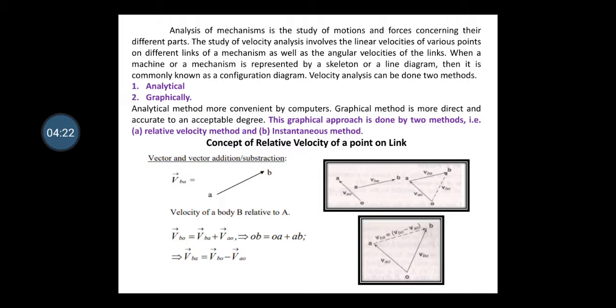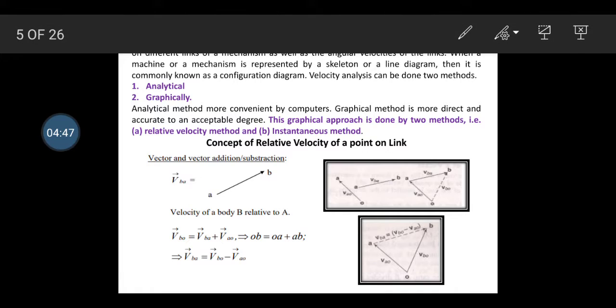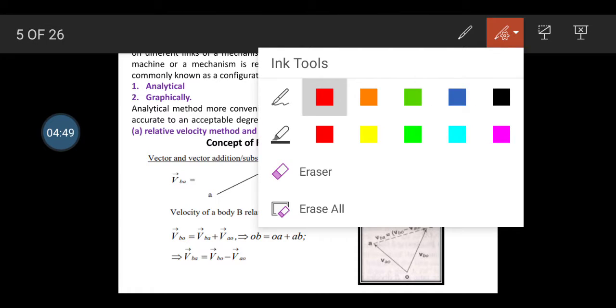The relative velocity of a particle B with respect to A is represented by VBA. It is defined as the velocity of particle B as seen by the observer A, who is moving with VA.